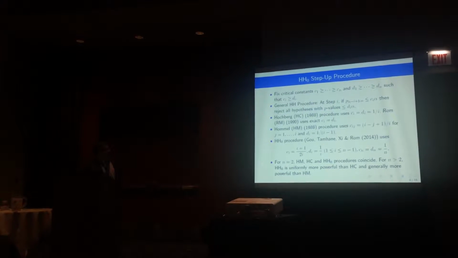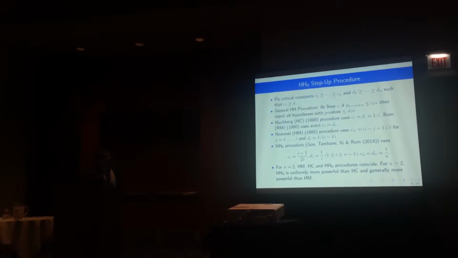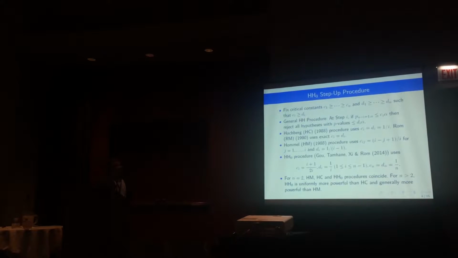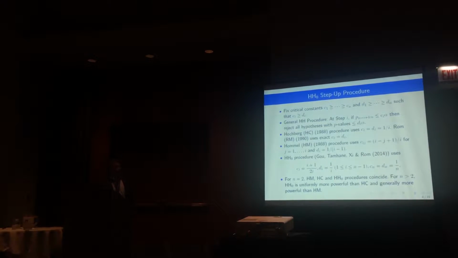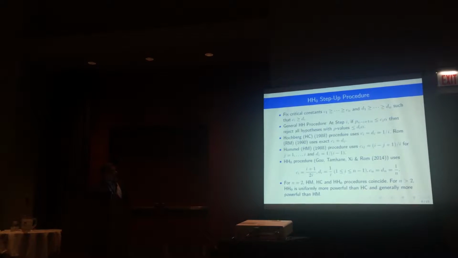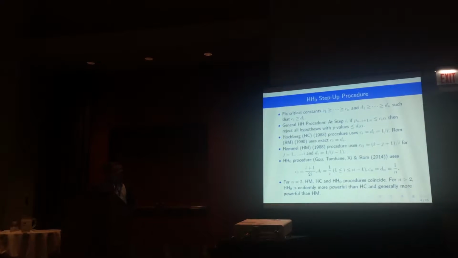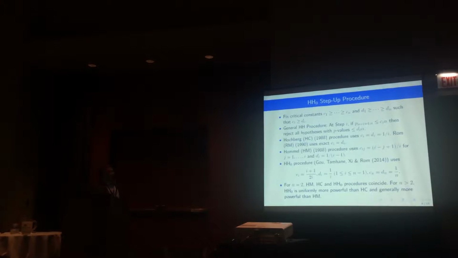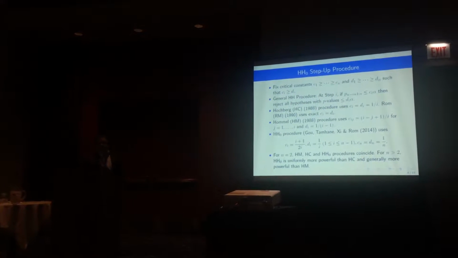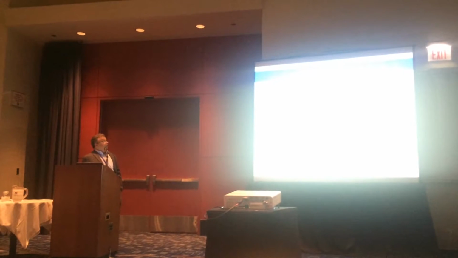You fix critical constants C1 through Cn and D1 through Dn such that Ci is bigger than or equal to Di. A general HH procedure is that at step i, you compare the (n minus i plus 1)th ordered p-value with a critical constant Ci times alpha. If that p-value is less than the critical constant, then you reject all hypotheses whose p-values are less than or equal to Di times alpha.